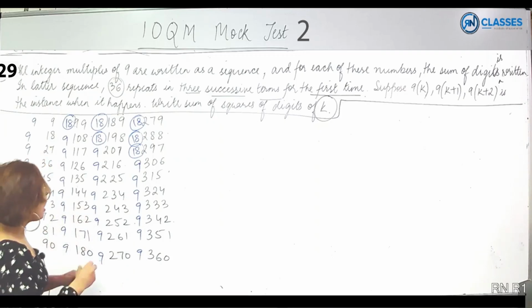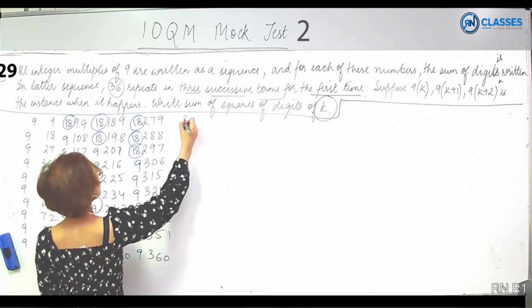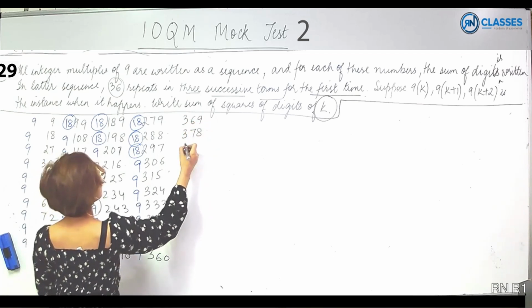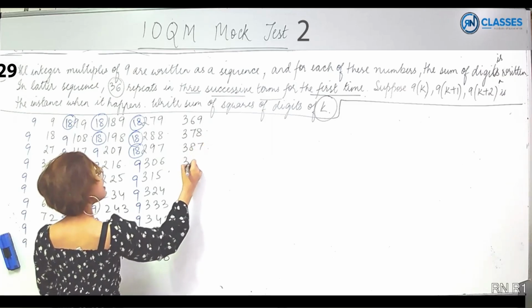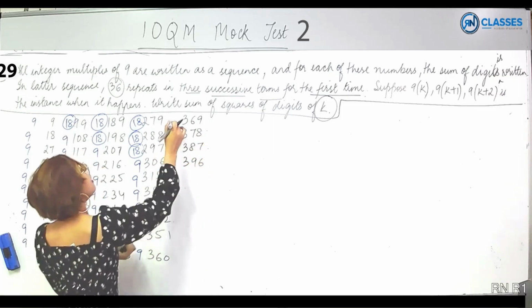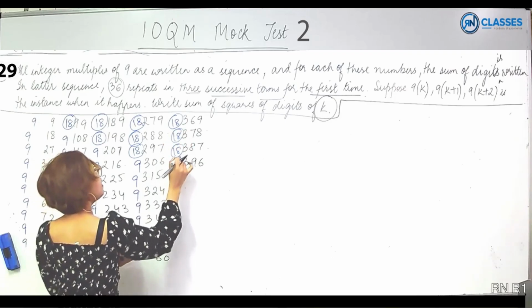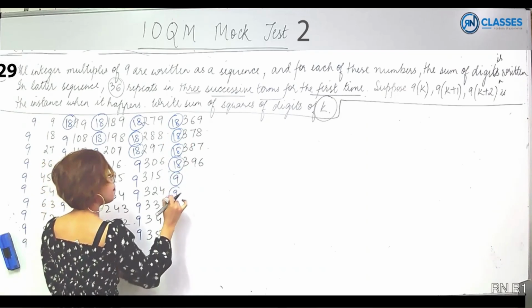Let's move forward. Next one I see will be 369, then 378, then 387, then 396. So obviously the digit sums 18, 18, 18, 18 and then the 9 pattern continue.